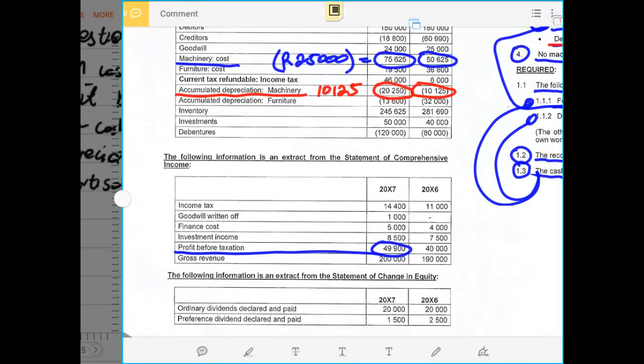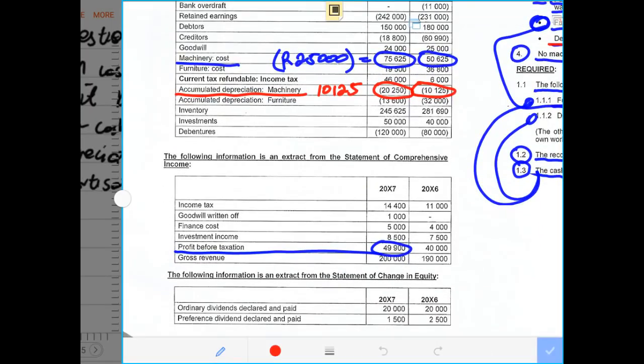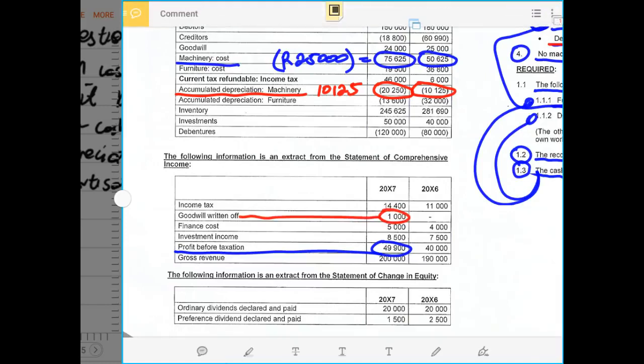Remember, amortization of goodwill is when the reputation or the goodwill of the business is losing value. Goodwill is an intangible asset. You cannot touch goodwill. It is more like the reputation of the business. So depreciation of an intangible asset is called amortization.